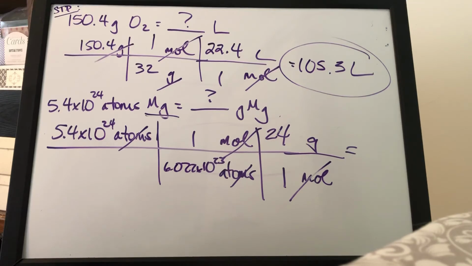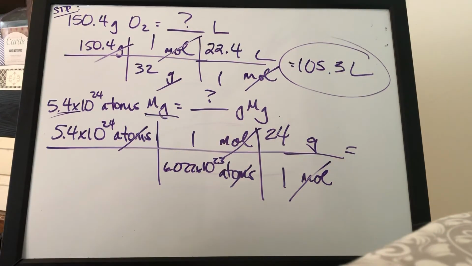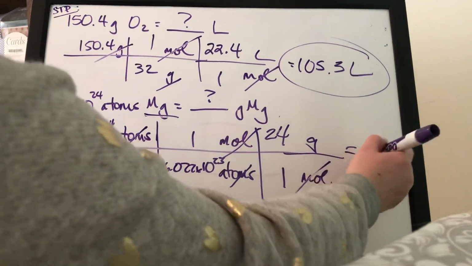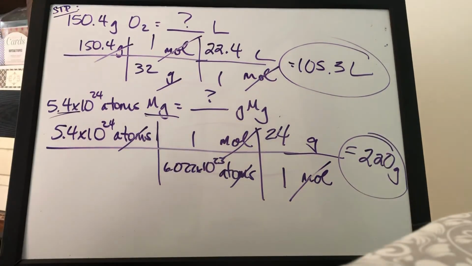Let's see, I did not do this ahead of time. To 2 sig figs, because of this number here, my answer would be 220. That final 0 is not significant because there is no decimal. So that is a quick review of grams, moles, atoms, and liter calculations.